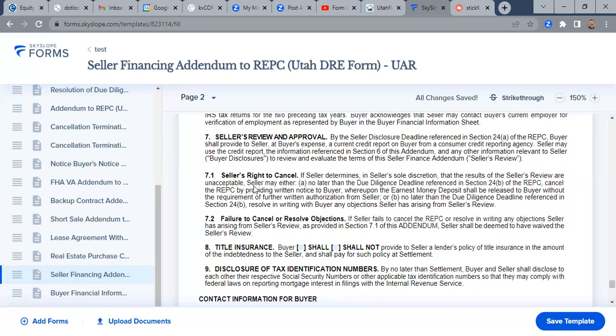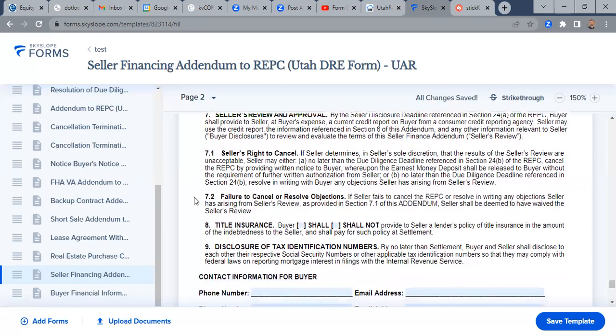Now, if seller, in seller's sole discretion, determines that some of those things are unacceptable, then they can, no later than the due diligence deadline, cancel. So this is interesting: the seller is doing their due diligence. This isn't just a buyer doing due diligence on the home. Now the seller is doing due diligence on the financing capability of this buyer. So no later than that due diligence deadline, they can cancel with written notice to the buyer, whereupon that earnest money deposit is released to the buyer, or no later than the due diligence deadline referenced in section 24B, they can resolve in writing any objections that they have from their review.